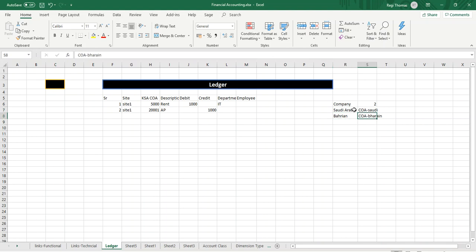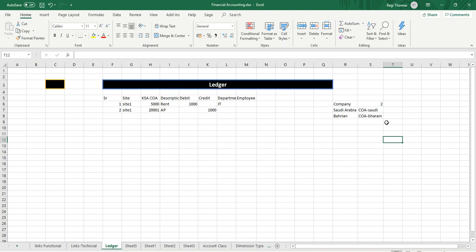So that means you have two companies, and each company is associated with one main ledger or main chart of accounts. But at the same time, management needs to get a consolidated report out of this in their own format, for tracking purposes, government reporting purposes, or top management level.